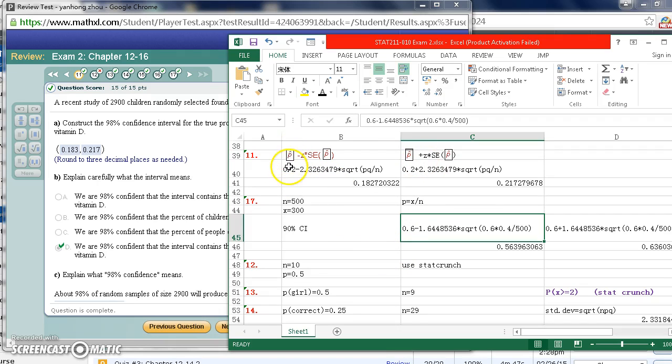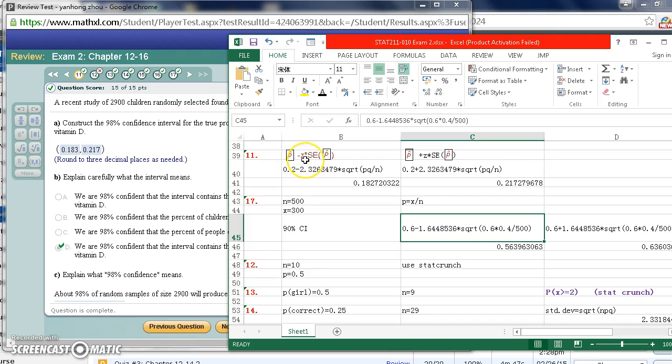You are told the p hat and the sample size, but the standard error, SE of p hat, can be calculated by the square root of pq over n. So now you will also need to find out the z.